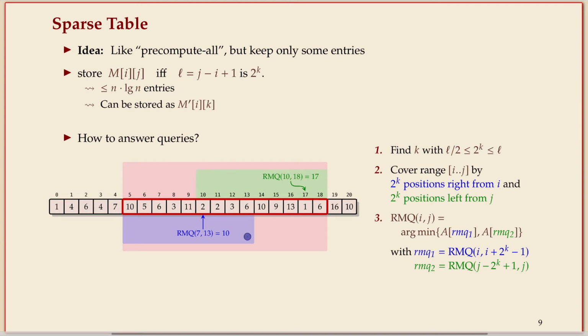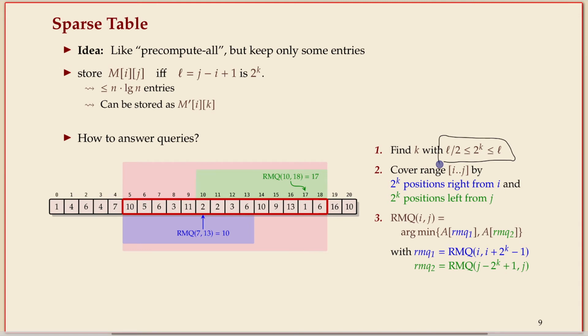So if we can find two overlapping or two touching regions for which we know the minimum, we can just do the last step of comparing the values at these two minimum positions, and take whichever is the smaller. And the trick here is to say whatever range you start with, you can find a power of 2, namely like this.